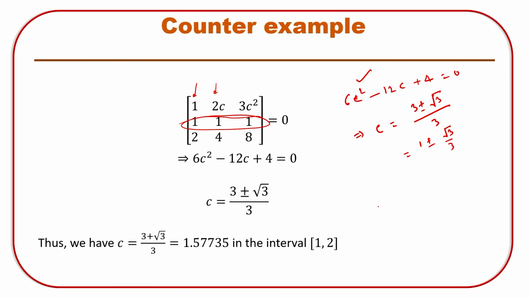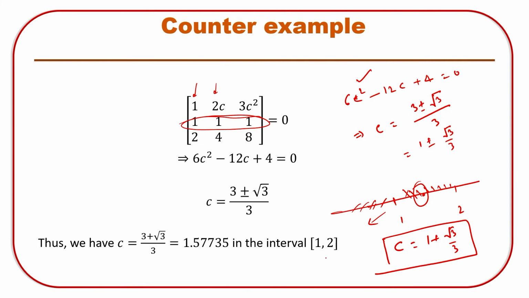So, that means we have one of the roots lying between 1 and 2, and one of the roots lying outside of it. So, one root is lying here and one root lying this side, right? So, this one will be our choice. So, what will be the c? I have to choose 1 plus root 3 by 3. That is our answer, right?